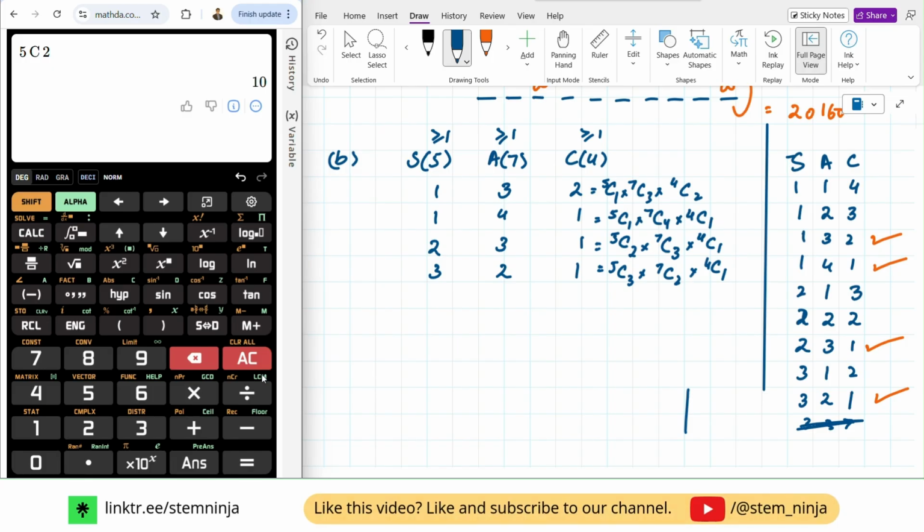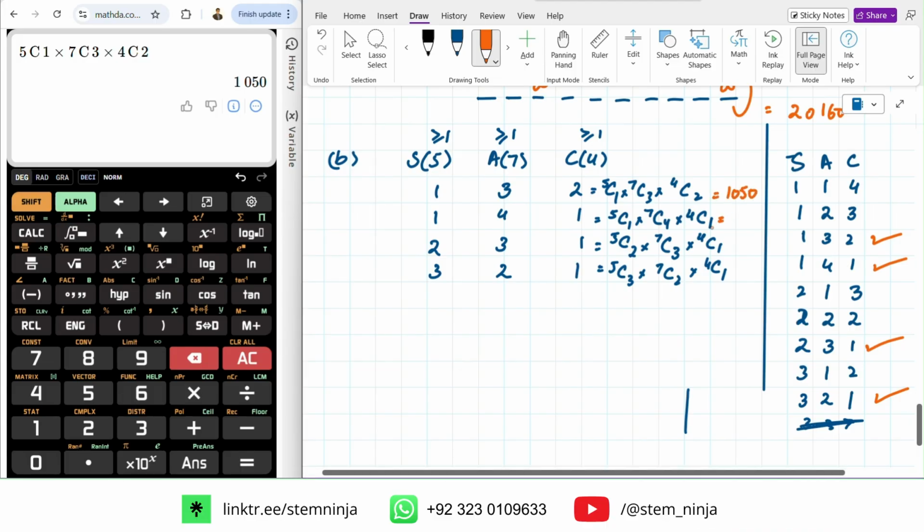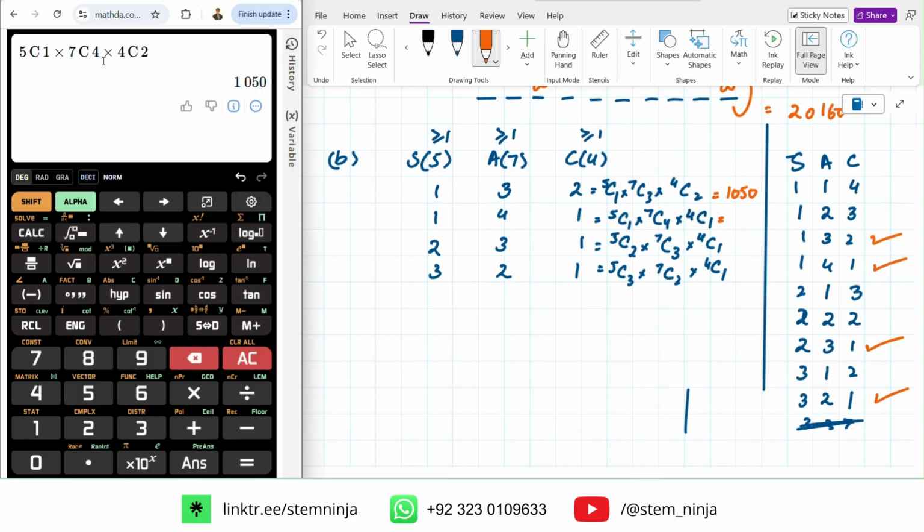5C1, 7C3, 4C2. This is 1050. 5C1, 7C4, 4C1.